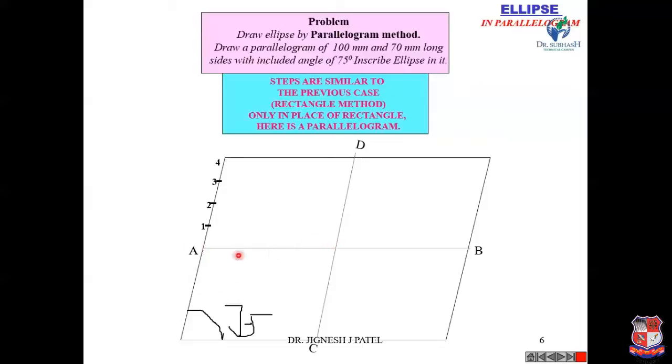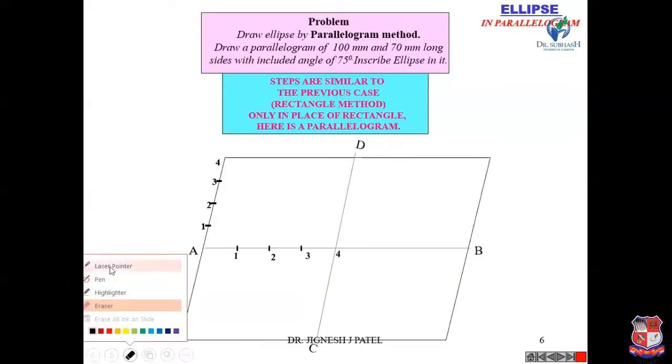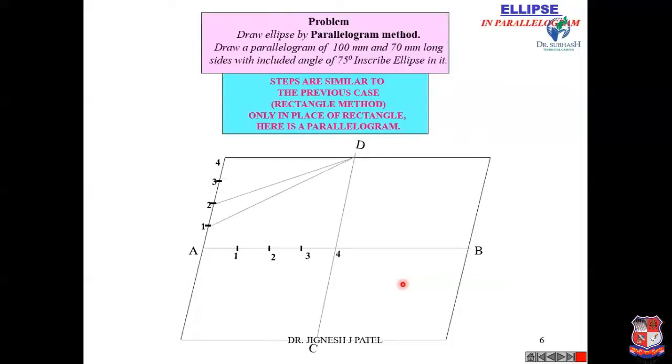Similarly on this line AB 1, 2, 3 and 4. Now join 1D, 2D, 3D and 4D. Similarly, join C1 and extend it up to 1D. Join C2, extend it up to 2D. Join C3 and extend it up to 3D.